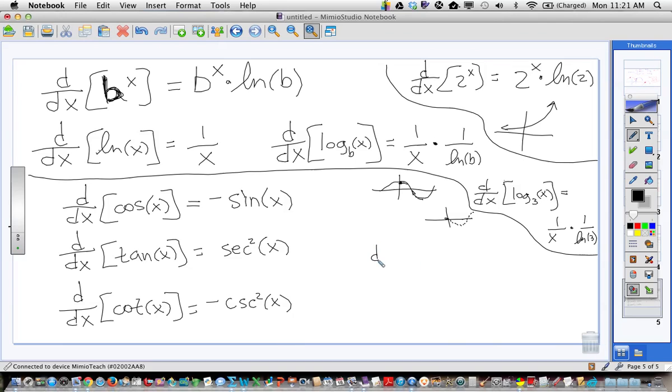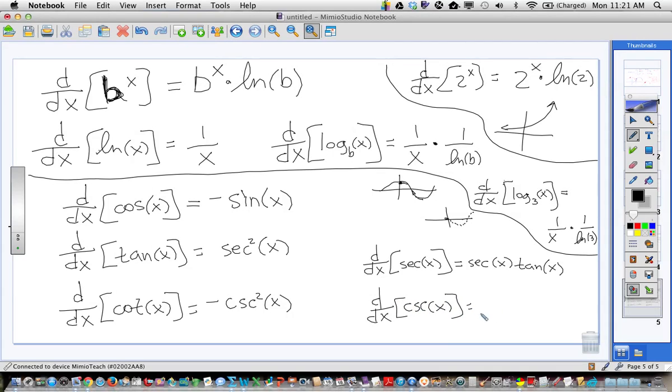All right, so that leaves us just 2 to go. The derivative of secant x is secant x tangent x. Secant times tangent. And that leaves us cosecant as the last one.